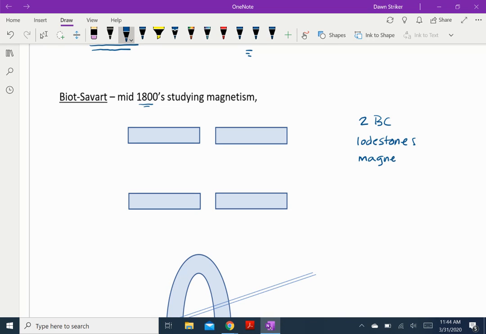Magnetite is a naturally occurring magnet. They would line up with the magnetic field of the Earth, and in doing so would help navigators to figure out the direction of north. And so that was being used a very long time ago.